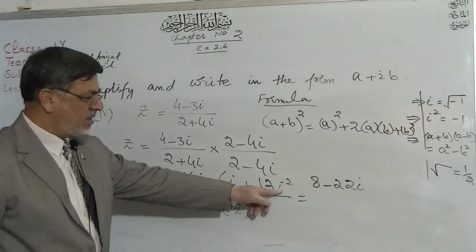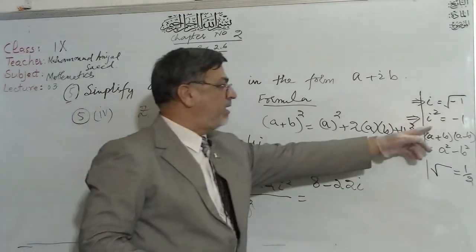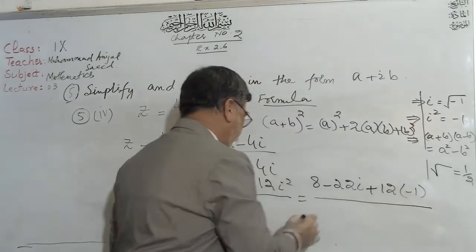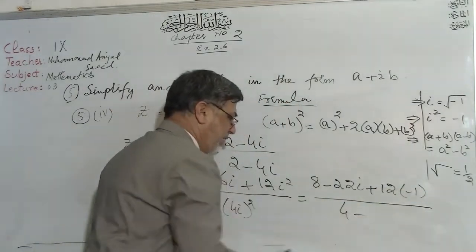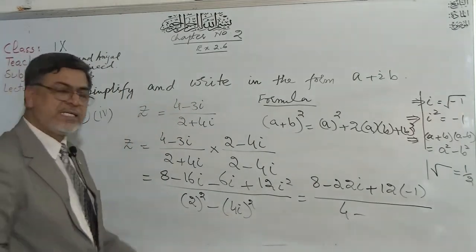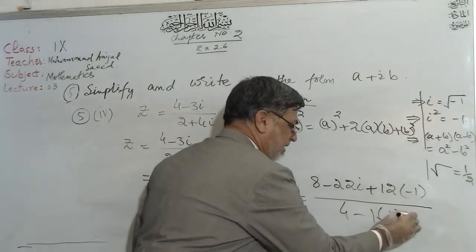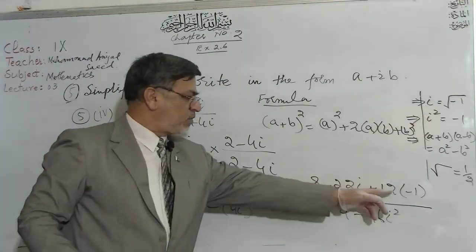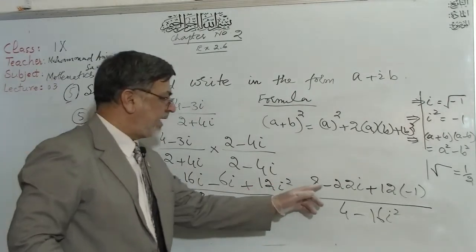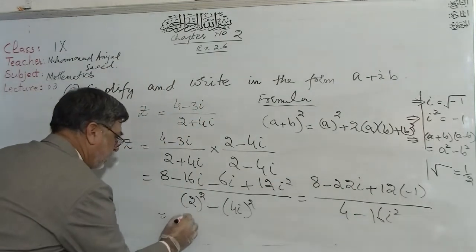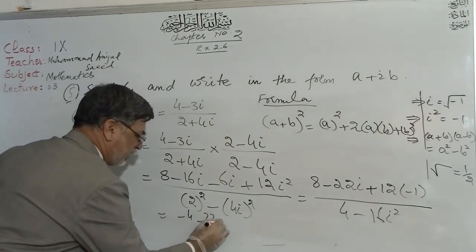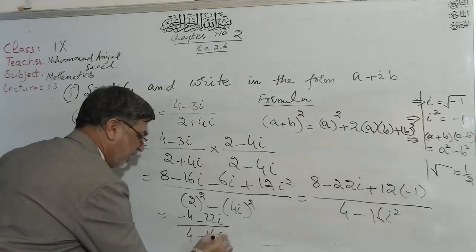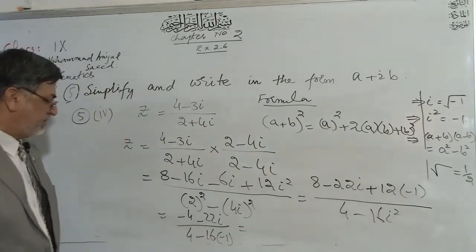And here the value of iota square is minus 1. Applying the value, 12 into minus 1 divided by 4, and minus 4 square means 16 iota square. Here 8 minus 12 will be minus 4, minus 22 iota divided by 4 minus 16 into iota square, which means minus 1.